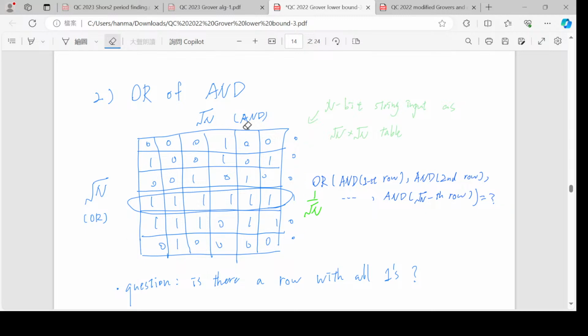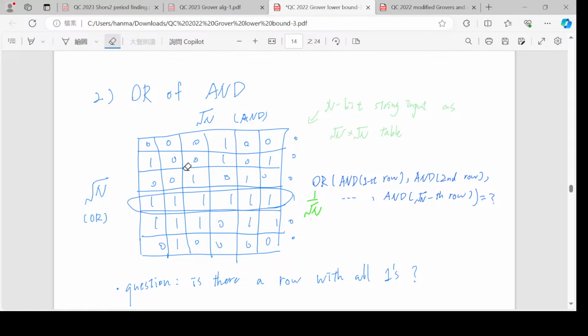So this square block here is a truth table of some small f, and we put it in this square because this is more natural for what we want to compute. We have this bigger input of n bits, and we list them in this square root n times square root n block here.